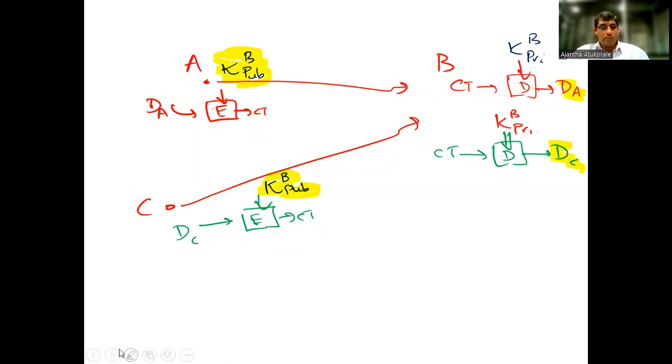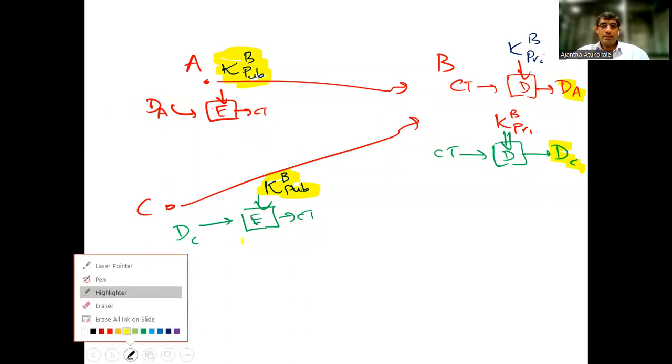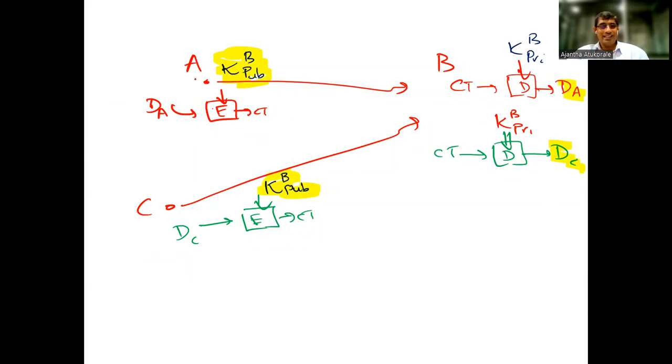Maybe A guy can pretend to be C. Let's say this is a bank manager. This is the head office, your CIO. These are the two bank managers of two branches of the same bank. So this manager is not really good with this particular person, but he can send a message to the manager pretending it has been sent by C, just like you can write a letter, I'm going to kill you, I don't like you, whatever threatening mail.